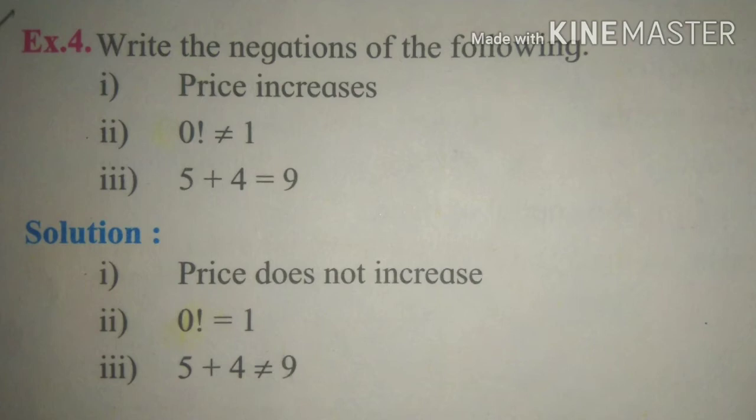The answer is 0 factorial equal to 1. This type of example you have to write in English language also. Means you have to write zero factorial equal to 1, in writing form, spelling form. Okay. The next example is 5 plus 4 equal to 9. The answer is 5 plus 4 is not equal to 9.